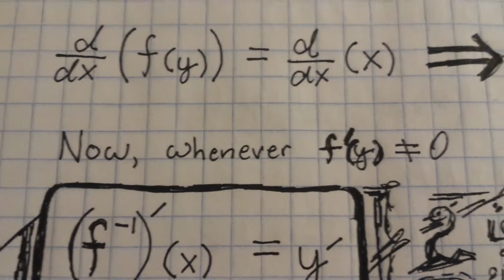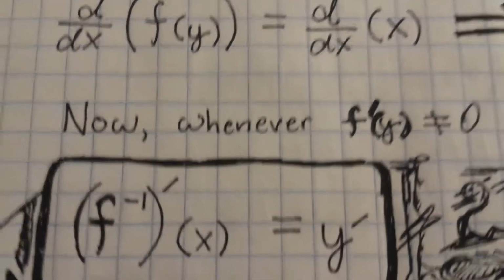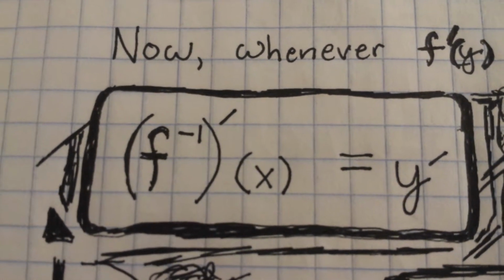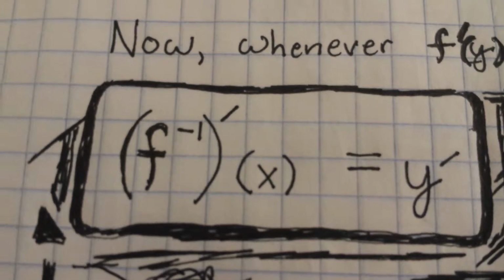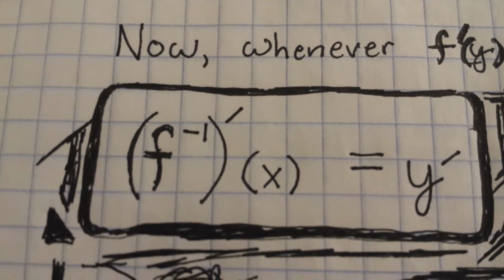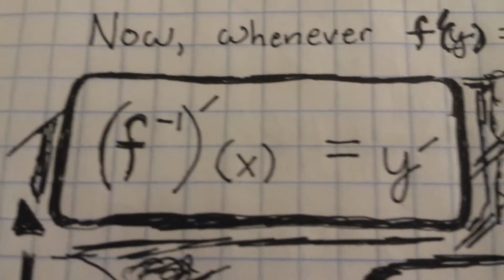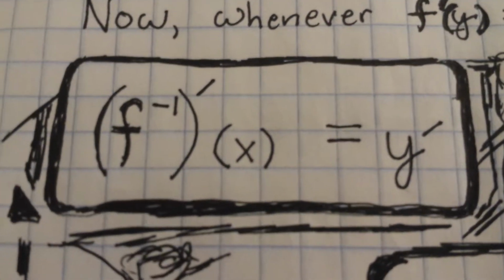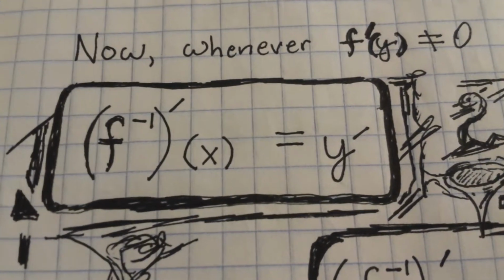So now, whenever f prime of y does not equal 0, we have the inverse function of f prime of x equals y prime, right? Okay, that should be clear.